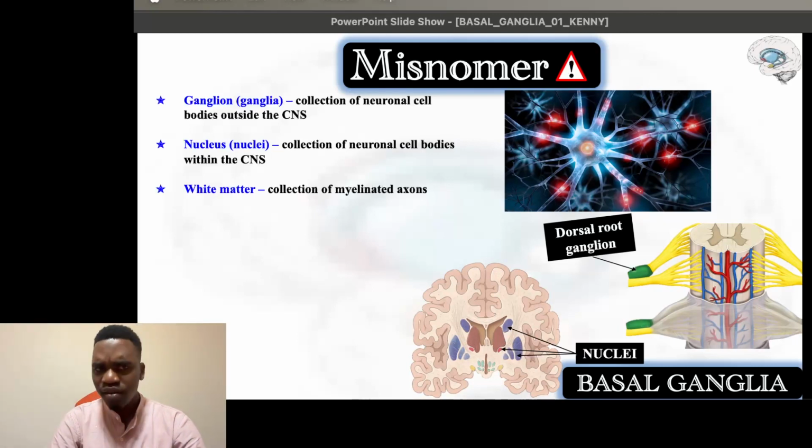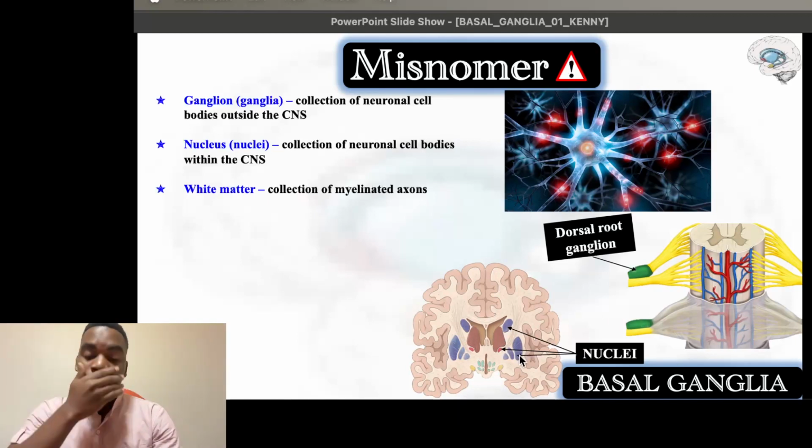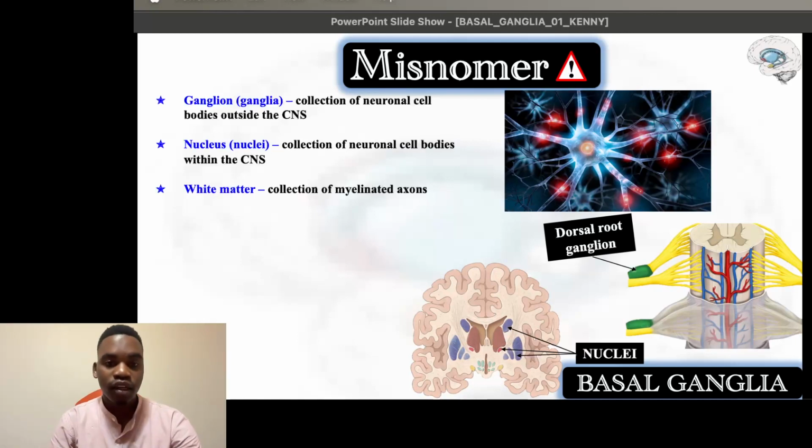So why are they called the basal ganglia, if we know that they are within the central nervous system, within the brain? Well, initially, previously, there was no distinction between the ganglion and the nucleus.